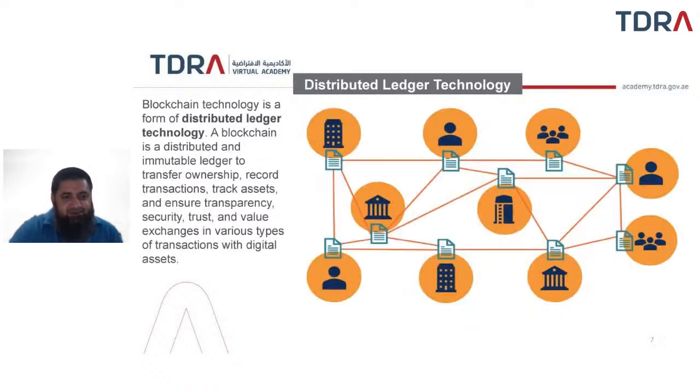It is a distributed ledger technology, meaning that the blockchain keeps a copy of every transaction in a block on all the connected nodes, and the transactions are stored on every computer connected to the chain.